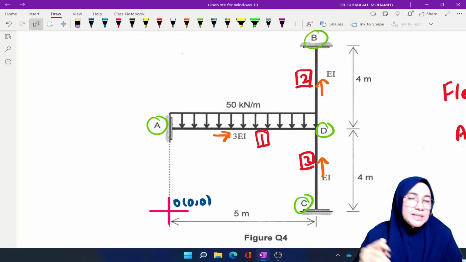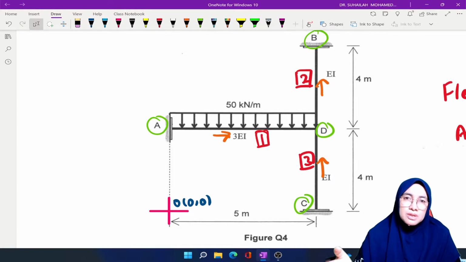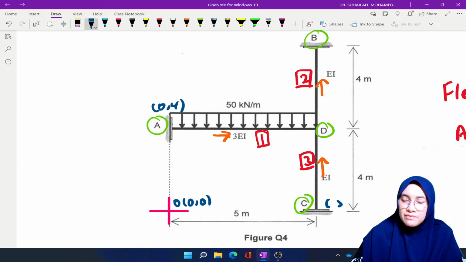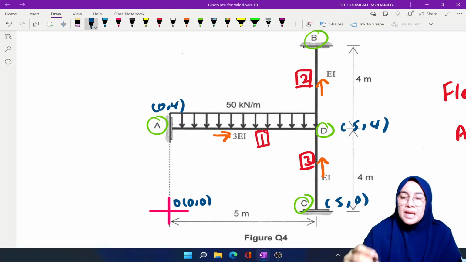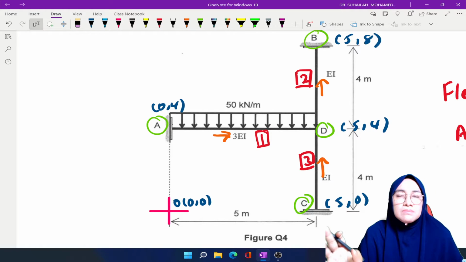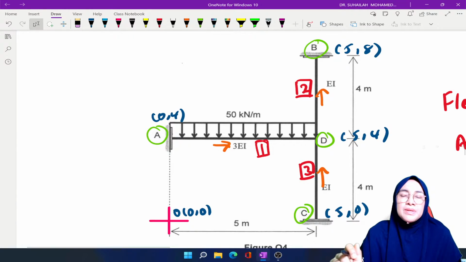Then from this origin I will put the coordinates for A, B, C and D. We have A as 0, 4, and then we have C as 5, 0, and then we have D as 5, 4, and then we have B as 5, 8. Having this information, we can establish Cx and Cy.